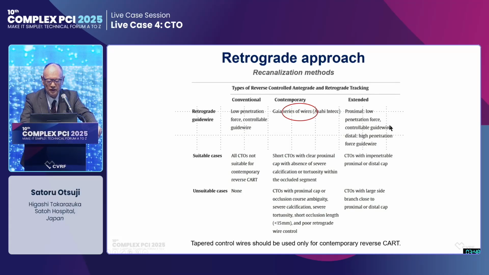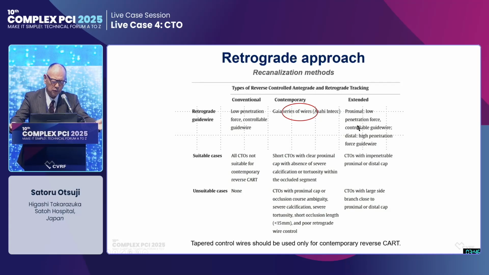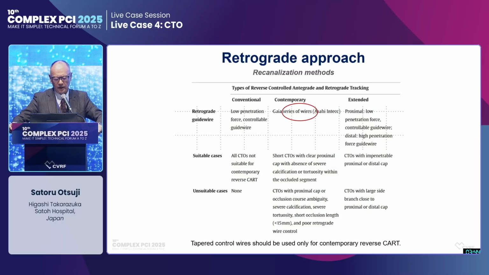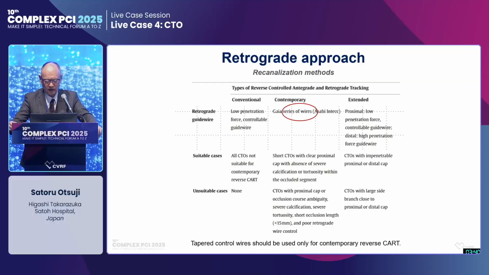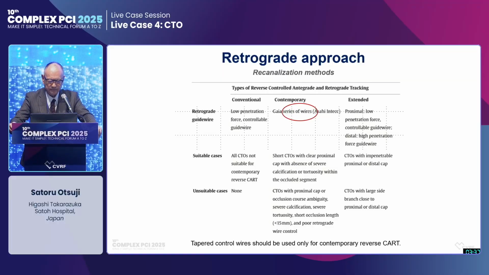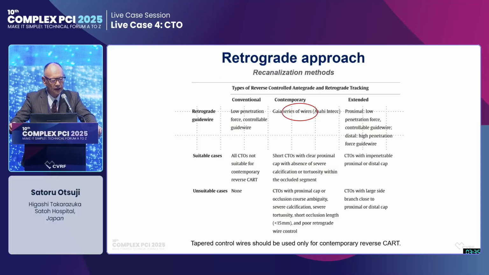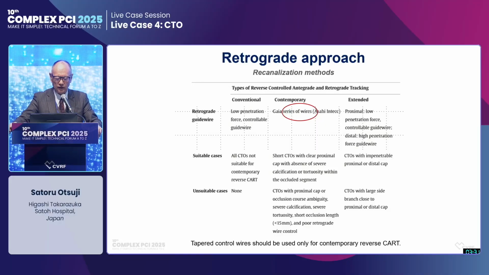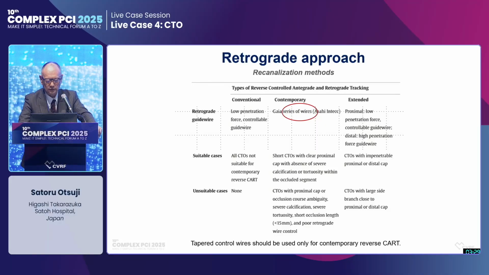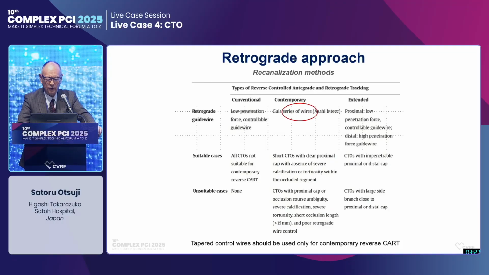But with conventional extended guard, we have already created the sub-intima. For the Gaia or other CIFA wire, controller of CIFA wire, we should not use that kind of procedure because the perforation risk factor is high.